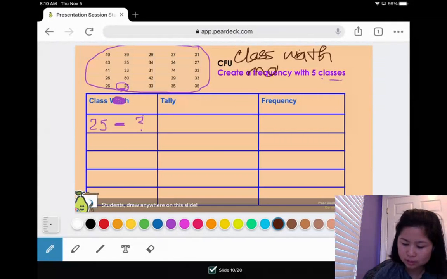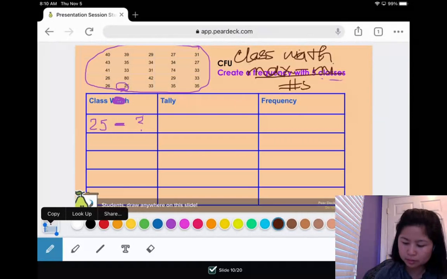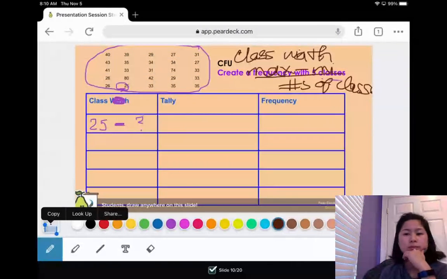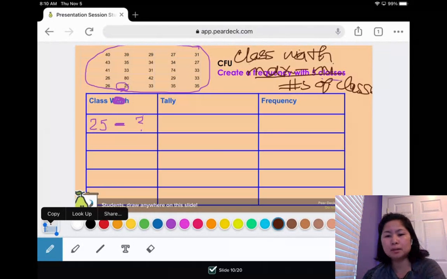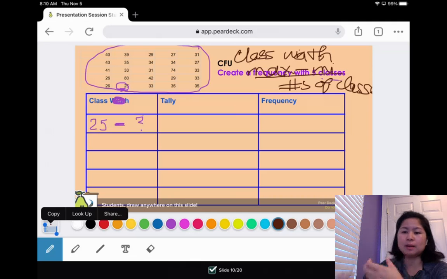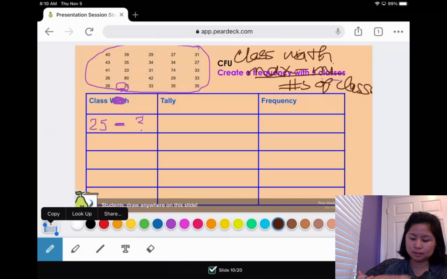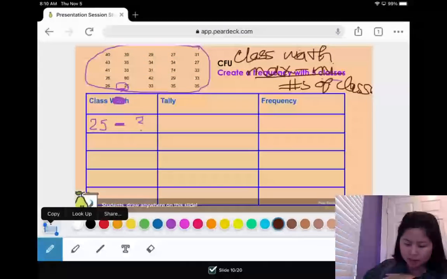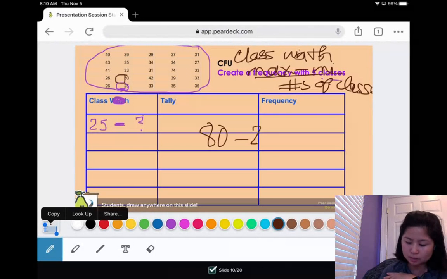The class width is the maximum minus the minimum, divided by the number of classes. So to find the class width, I take the highest value minus the lowest value, then divide by the number of classes. My highest value is 80, right here, take away my lowest, which is 25.